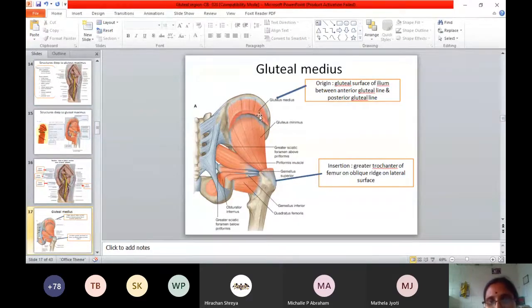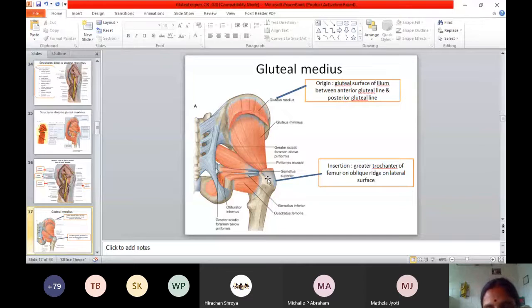Now a detail about gluteus medius. This is the origin of gluteus medius in the ilium, and the insertion is in the trochanter. Which trochanter is this? Greater trochanter is the insertion. So what is the origin? As I have already stated, in the bone, the gluteal surface of the ilium is divided into 4 areas by 3 lines: posterior gluteal line, anterior gluteal line, and inferior gluteal line. Now this gluteus medius arises from the gluteal surface of the ilium between the anterior gluteal line and posterior gluteal line.